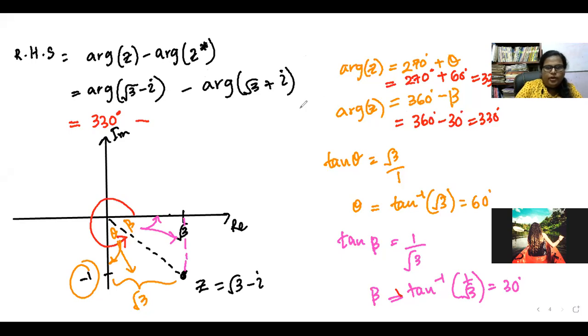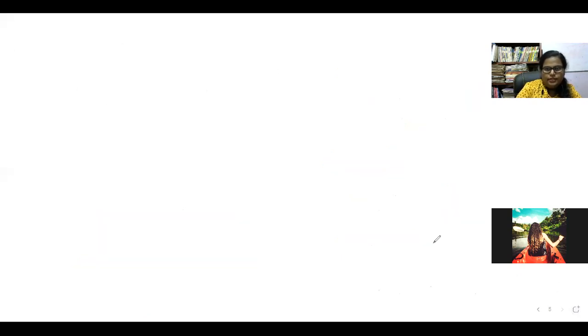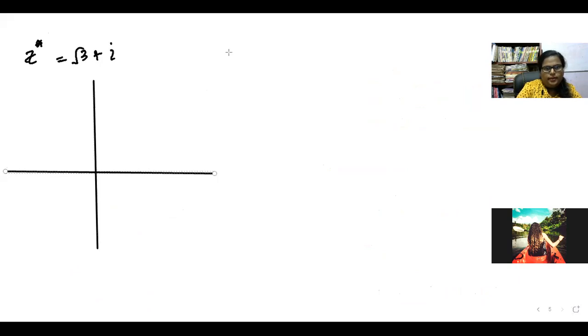Right. So we have to find arc Z star also. I will use another sheet for this one. You know that Z star is square root 3 plus i. So we can draw this here: square root 3 on the real axis, and this is the imaginary axis.